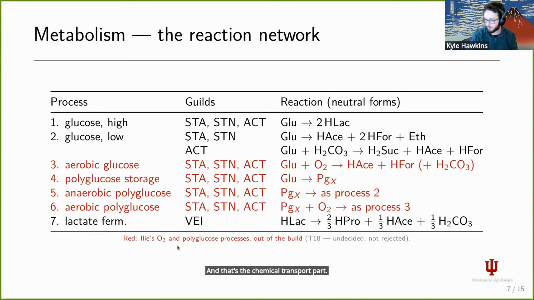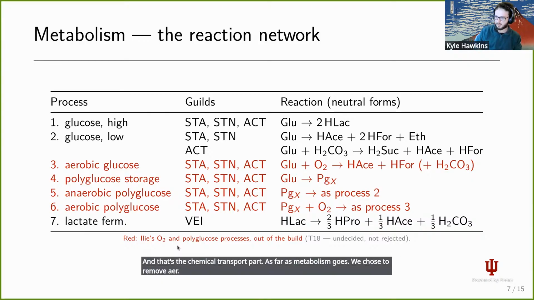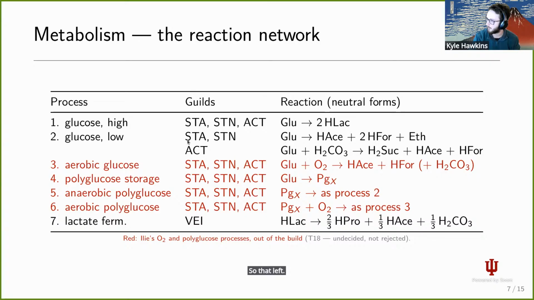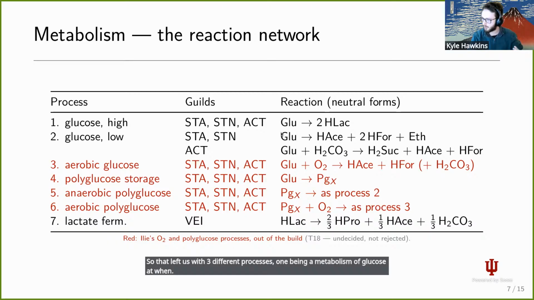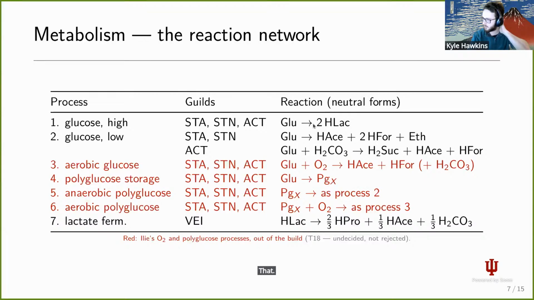As far as metabolism goes, we chose to remove aerobic processes and the processes that involved polyglucose. So that left us with 3 different processes. One being a metabolism of glucose when there's a lot of glucose present, that being glucose turning into lactic acid.